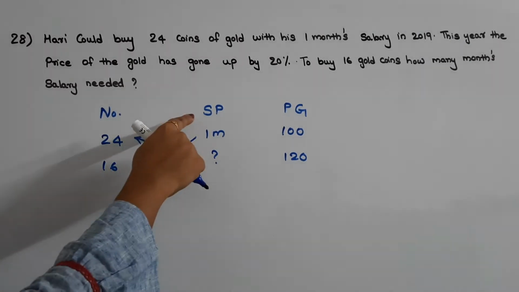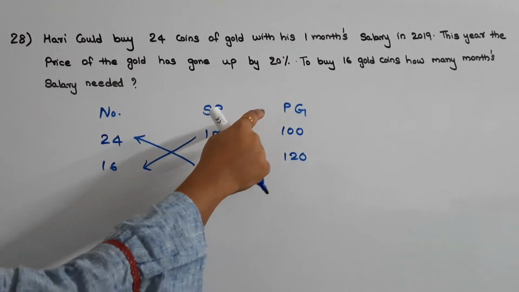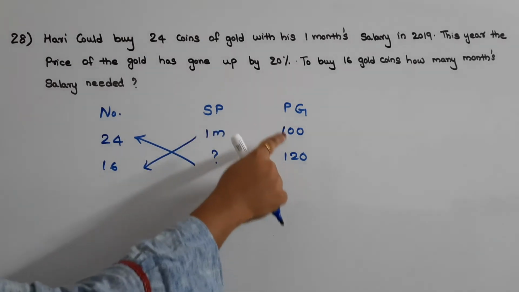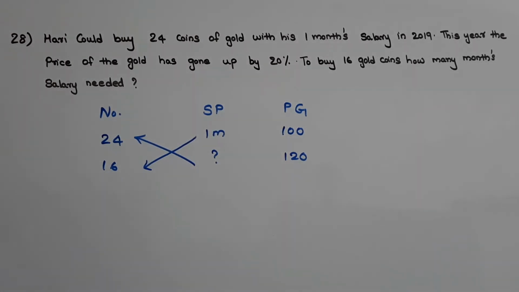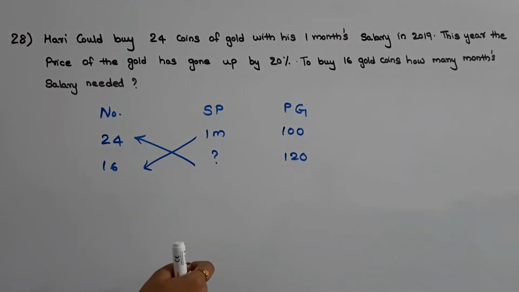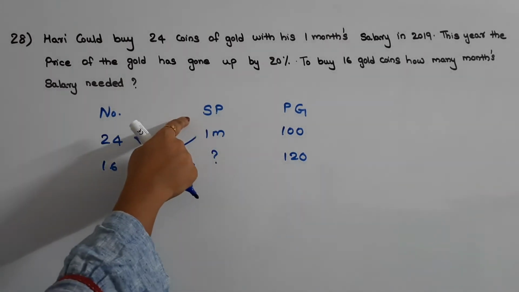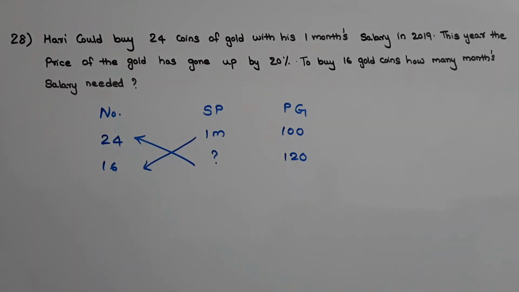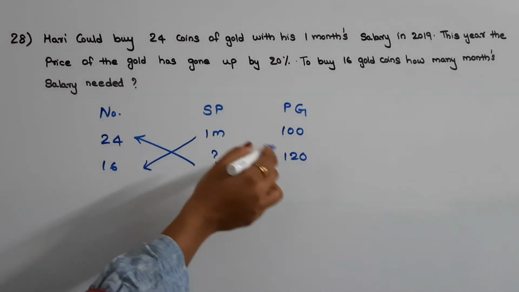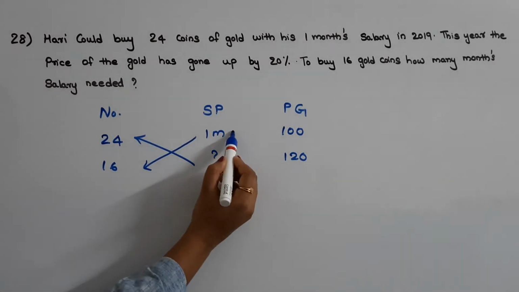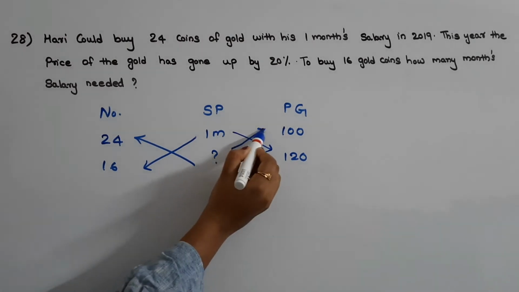Now let us see what is the relationship between the salary period and the price of the gold. If the price of the gold increases, then he requires more salary period to buy the gold, which means salary period increases when the price of the gold increases. Hence, they are also directly proportional to each other. Hence, we need to do cross multiplication.